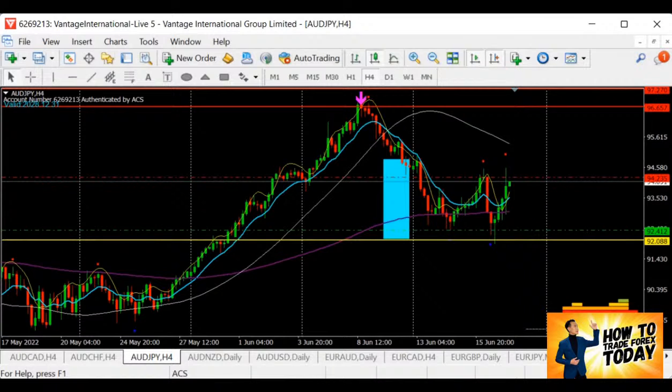A little bit of pullback over here. So tentatively, I suggest that we wait for it to test the resistance. I'm going to put Aussie yen into my selling list. Next to go.